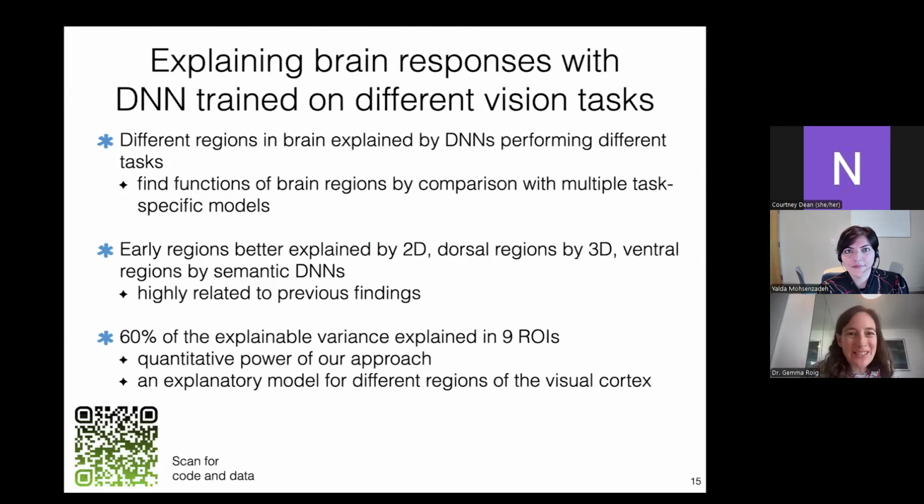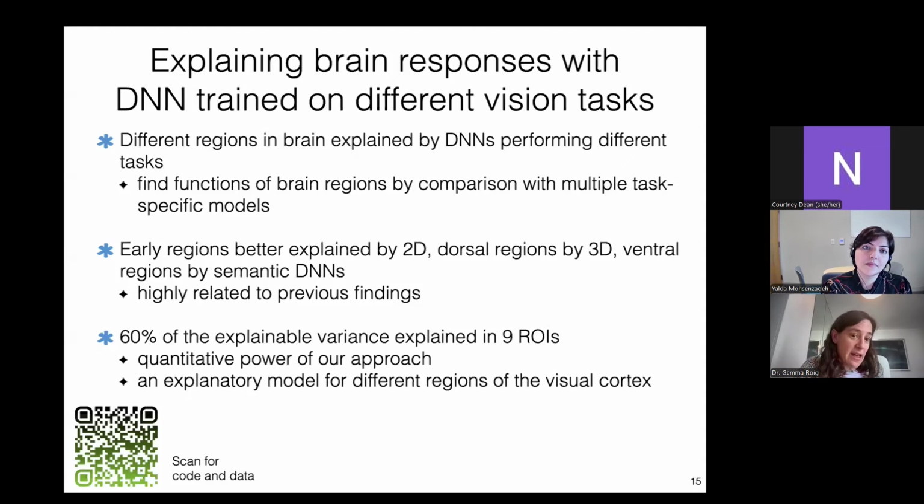So what we can see with this method is that different regions in the brain explained by these DNNs performing different tasks can unveil functions of brain regions by comparing with these multiple task-specific models. And consistently with the literature, early regions are better explained by the 2D models, so models that predict 2D functions like edge detection, dorsal regions by the 3D models, and the ventral regions by the semantic DNNs.